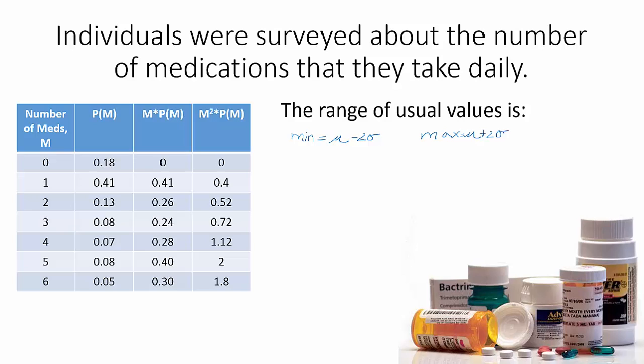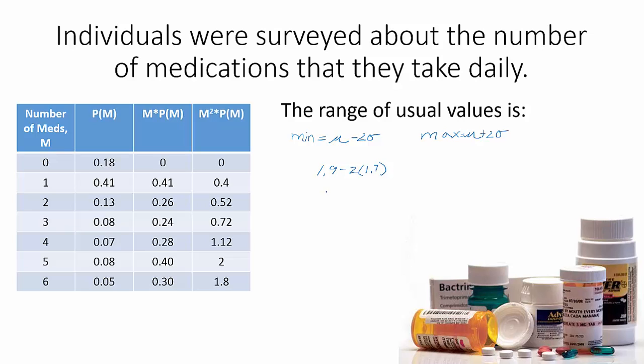So I've calculated all these pieces and I can plug them in. So our mean was 1.9 and our standard deviation was 1.7, and that will give me my minimum value.